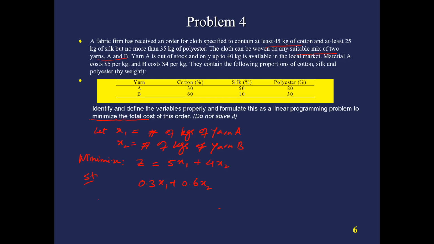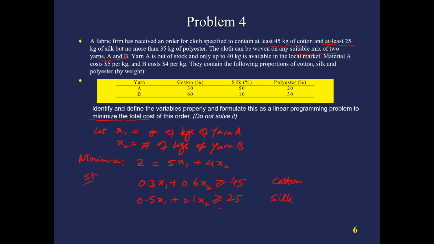At least is greater or equal to 45 kilograms. This is cotton constraint. If you like, you can write down cotton here. Next is the silk constraint, which is 0.5 x1 plus 0.1 x2, and it says again at least 25 kilogram of silk, so it should be greater or equal to 25. This is silk constraint.